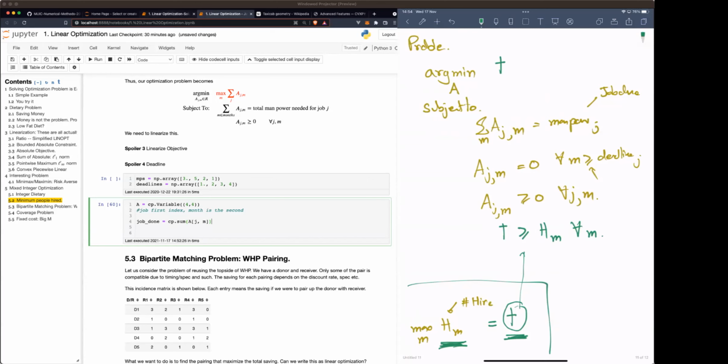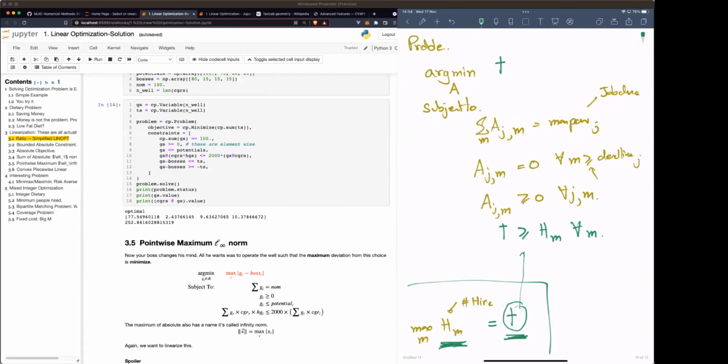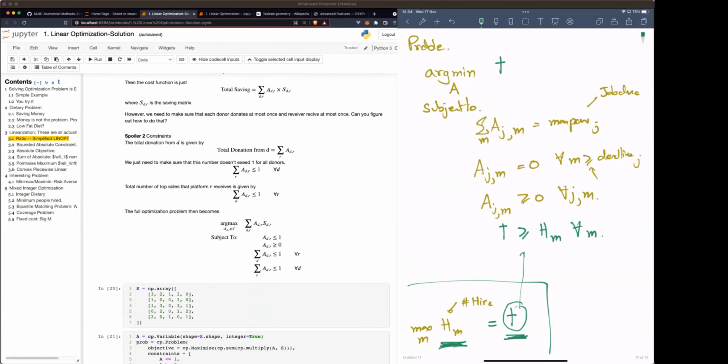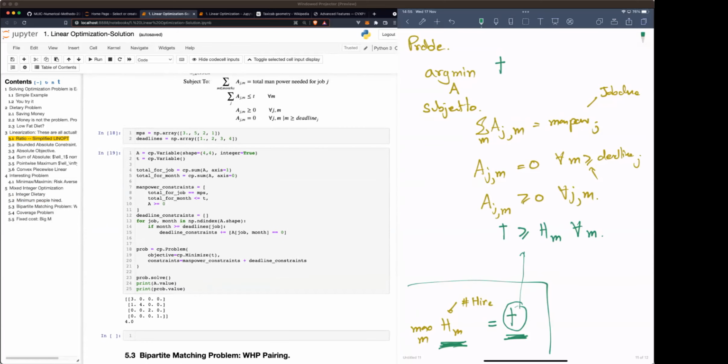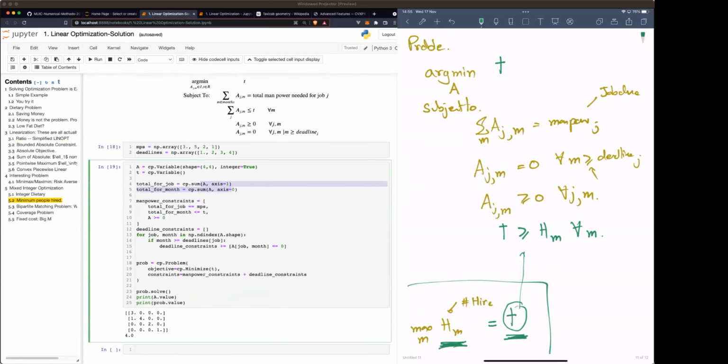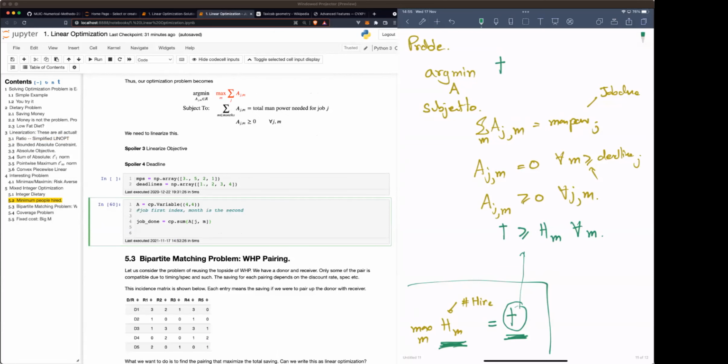What did they do in the solution? There might be a much better syntax. 2 seconds. Let me look at the sheet. I can sum over the axis. That's the cheat sheet. Axis is the first axis. Now over every month. Okay. Has to be equal to the manpower. Yes.